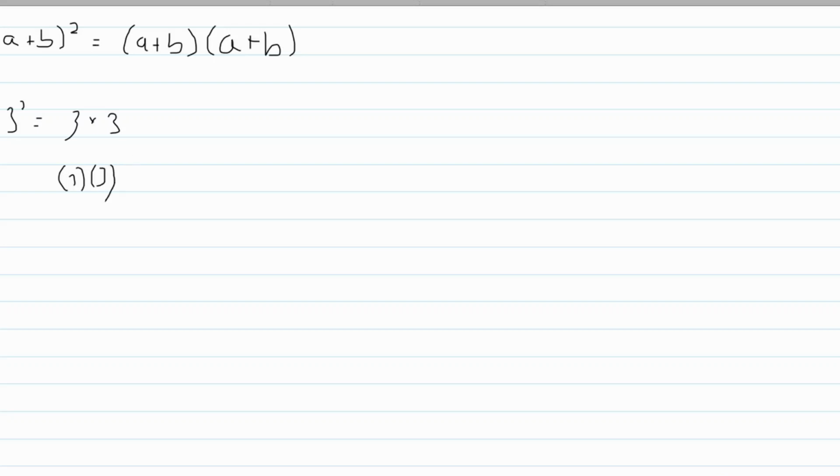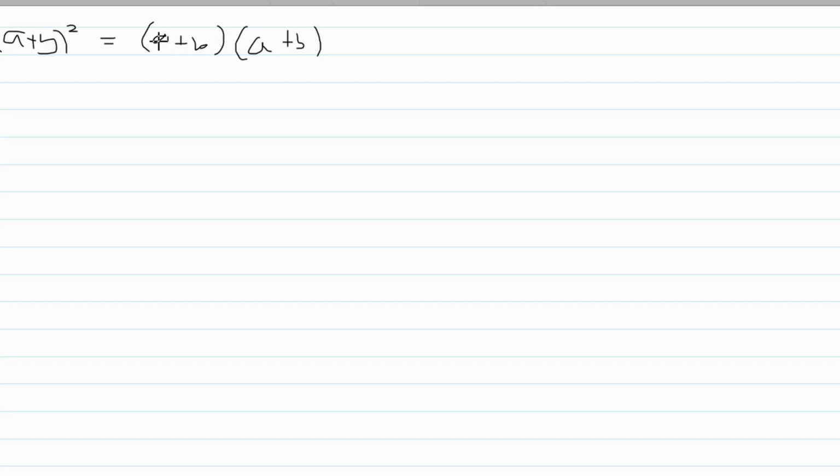So we are using the same idea here to expand what we have over here. So a plus b all squared, we expand this as in a bracket a plus b, bracket open again, a plus b. Now this looks like the algebraic expansion we did earlier.